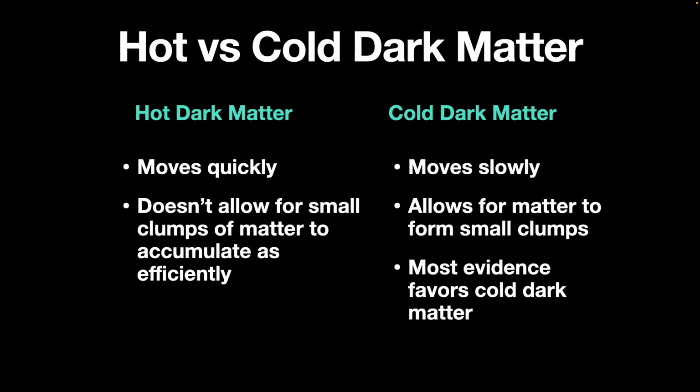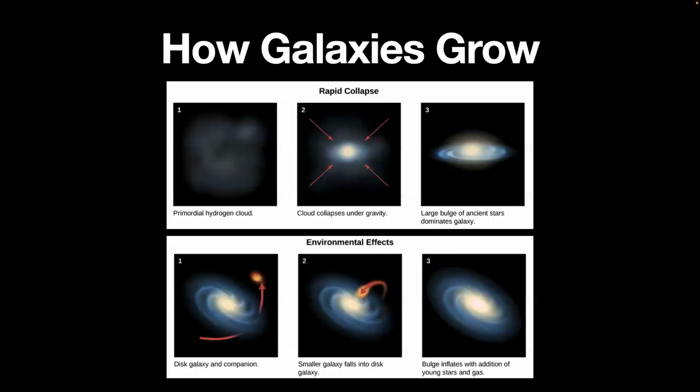So most of our observations right now favor cold dark matter over hot dark matter. So we think that by and large, galaxies form where there are little clumps of dark matter. Gravity and the dark matter draws in normal matter, and over time we get a galaxy.